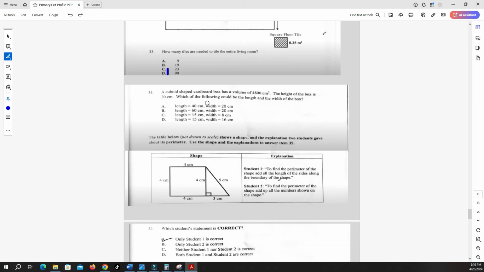So if we have the height of the box, we just need to find the length and the width of the box. So we know that it's 20 right here, and the total is 4,800.